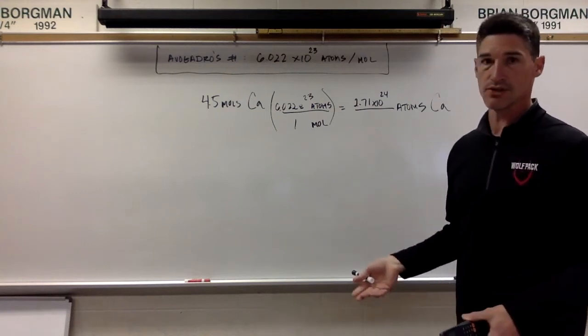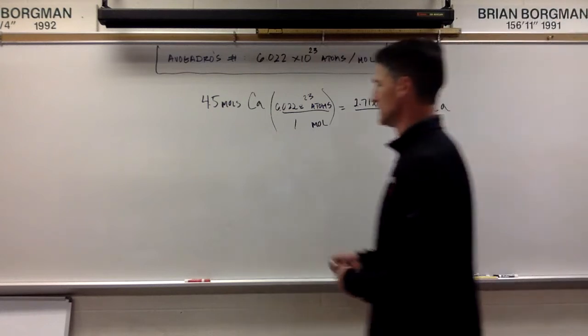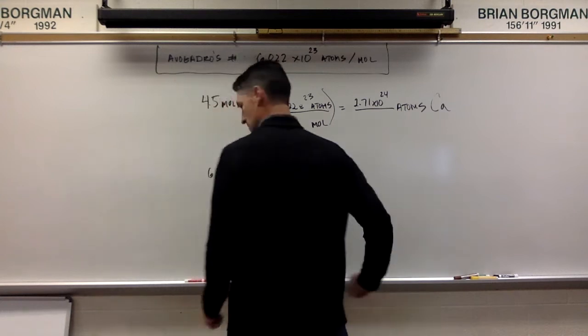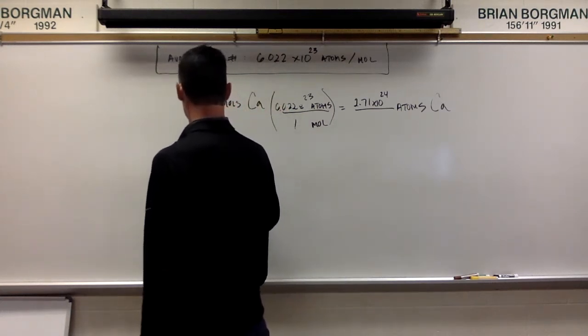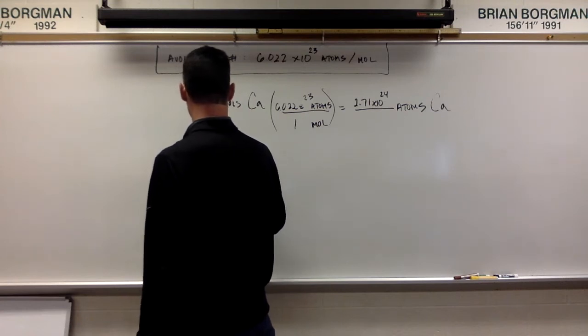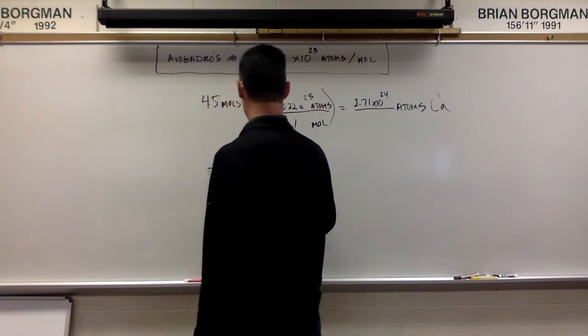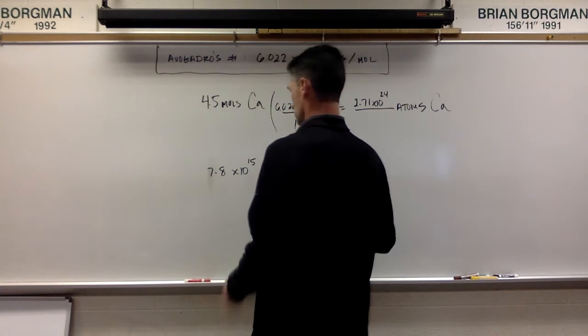So if we go from moles to atoms, we multiply by Avogadro's number. To go backwards, you just divide. So let's say I had 7.8 times 10 to the 15 atoms of calcium.